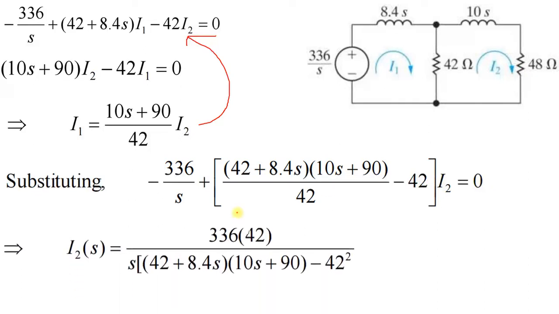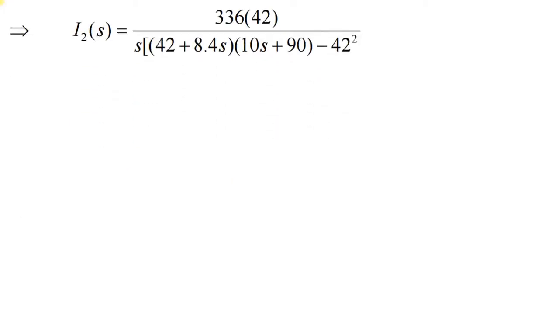Rearranging this equation, I2 of s equals 336 into 42 divided by s into [(42 plus 8.4s) into (10s plus 90) minus 42 the whole square]. The bracket is closed here. I rewrite the same equation for I2 here and simplify it.